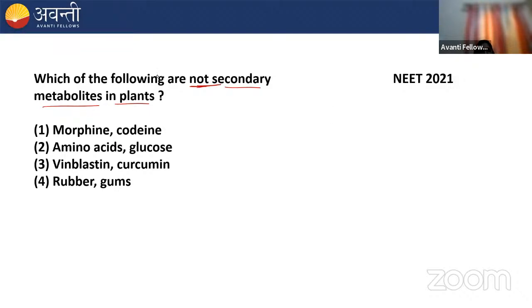So the question says, which of the following are not secondary metabolites? Morphine and codeine are alkaloids, they are secondary metabolites. Amino acid and glucose are primary metabolites.